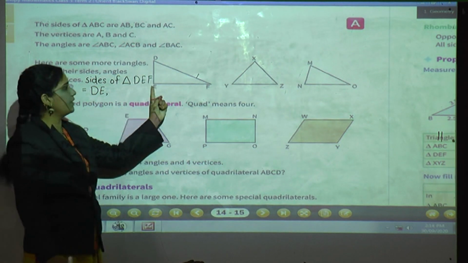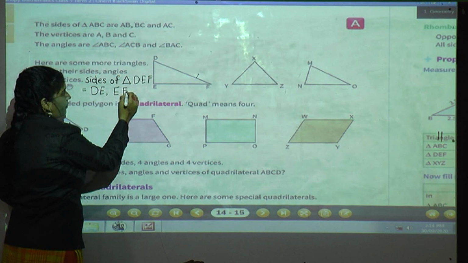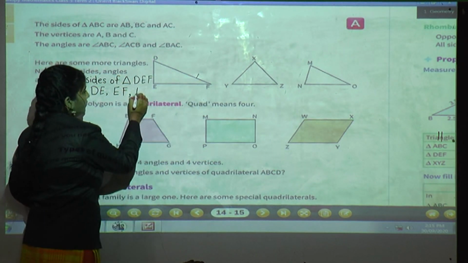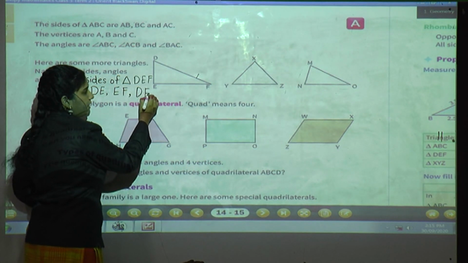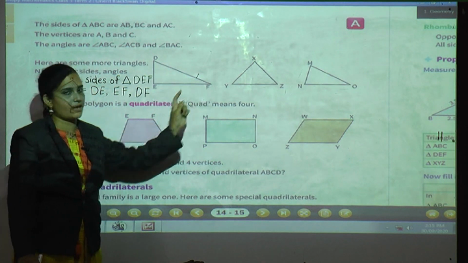Second one, side EF. And third one, side DF. The triangle has three sides: side DE, side EF and side DF.